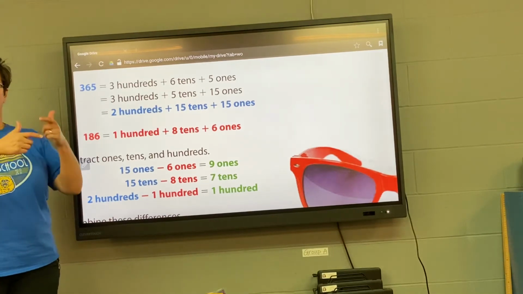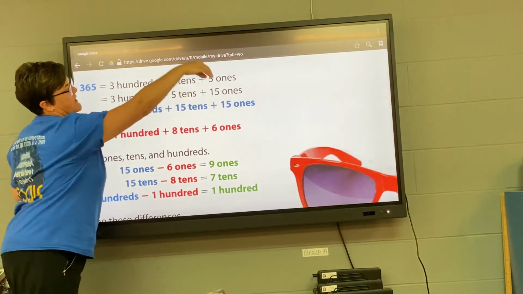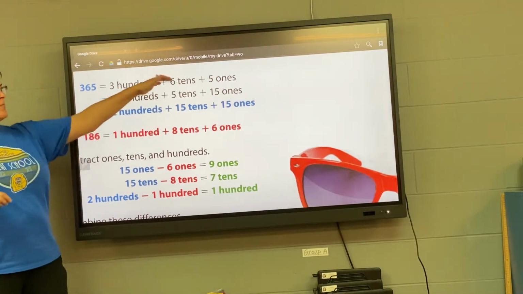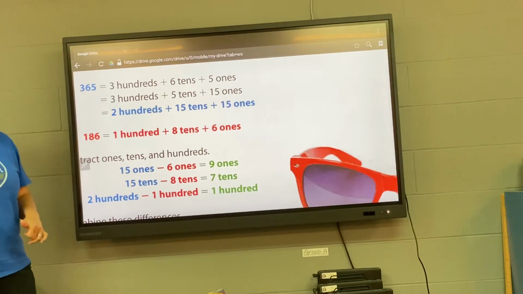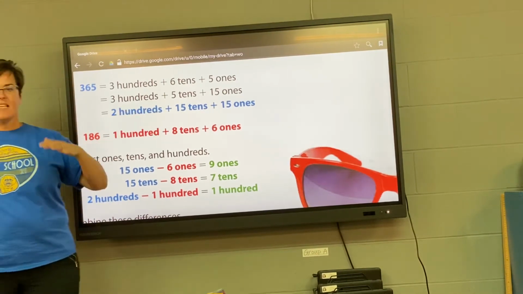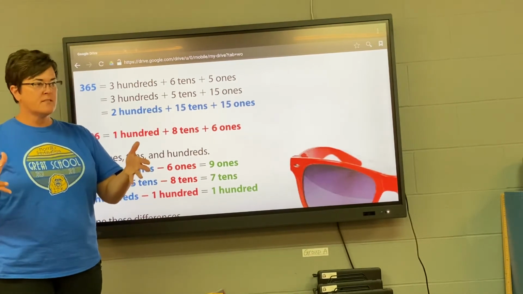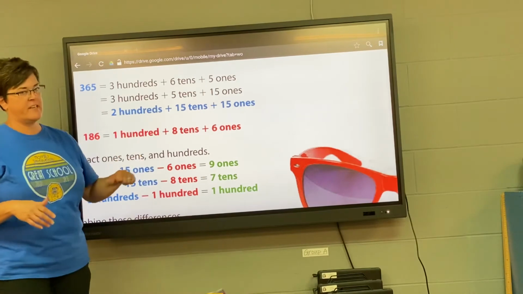Did they regroup? Yeah, they took one of their tens, broke it apart, and put it over into the ones place. Then they took one of their hundreds. They just broke it out in steps, just like we drew it. I think this is kind of confusing.